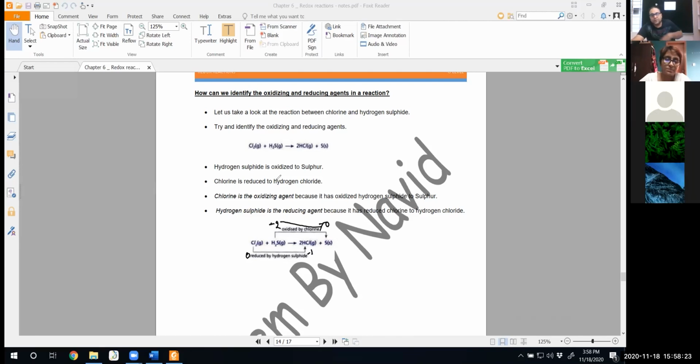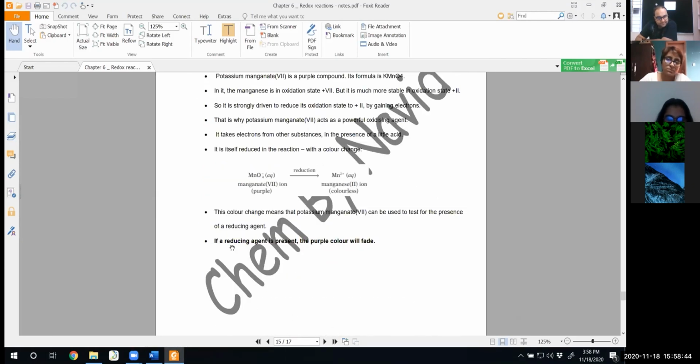Oh no, sorry, reducing. It's being oxidized itself, so it is acting as a reducing agent. And since chlorine is being reduced from 0 to -1, it is acting as an oxidizing agent. Very simple.